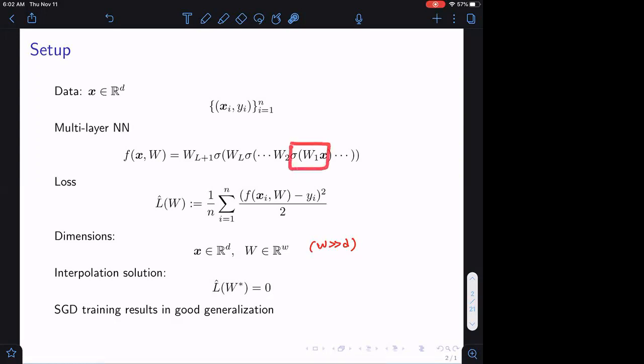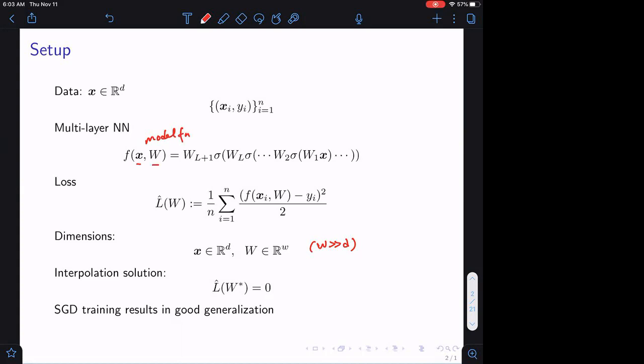Then apply W2, you get another vector, put in an activation omega, and you end up with another vector, and you keep doing that until at the last level, you apply W_{L+1}, the last layer of neural network weights, and you get your result. This function, in the rest of the talk, I will call the model function. The model function has the input X, which is my data, and also the neural network weights.